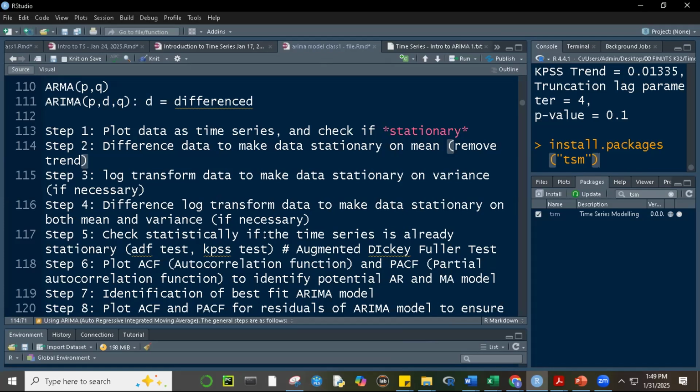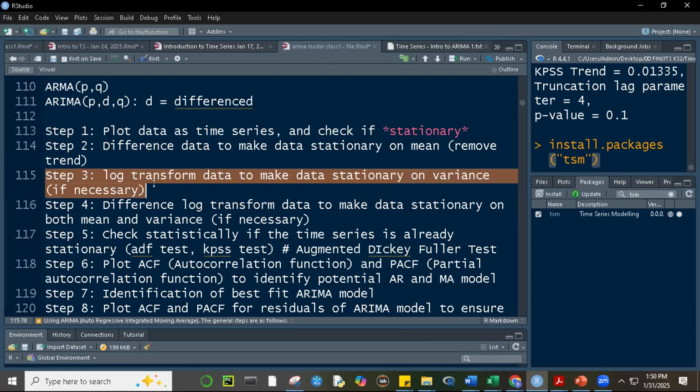If it has both non-constant mean and non-constant variance, the initial step is to get the log transform and then get the difference. Doing otherwise will mean that you'll have NA values, and that cannot be. Because when you get the difference, there is a strong possibility that there will be negative values. And when you get the log of a negative value, that's undefined. So that's an NA. All right. So technically, this should come first.